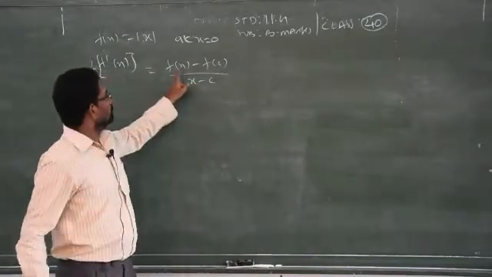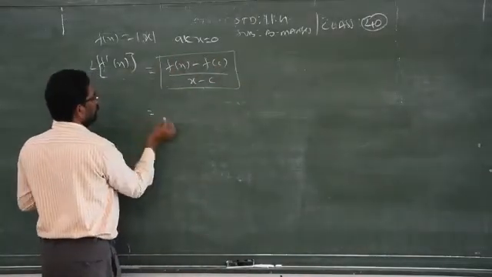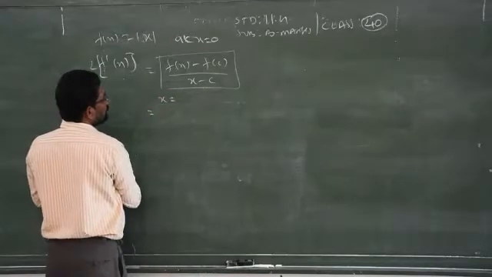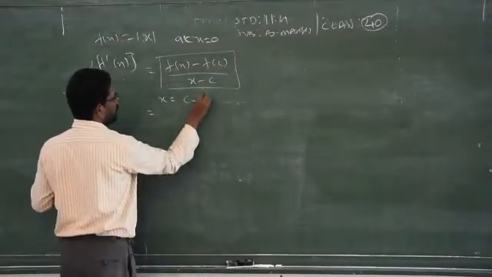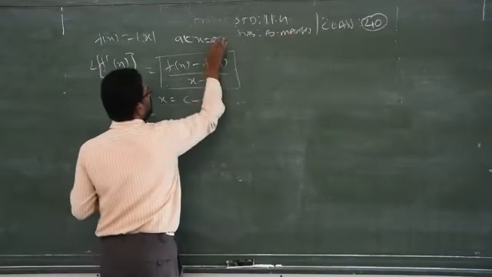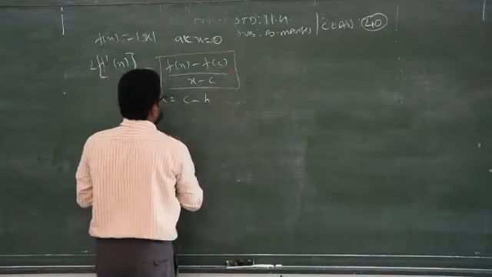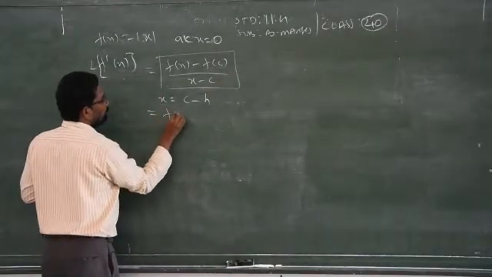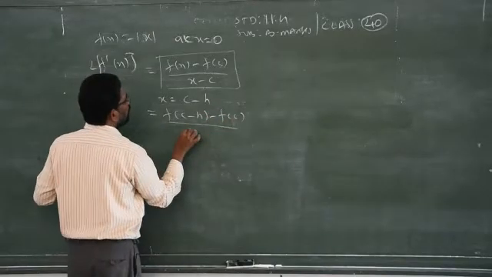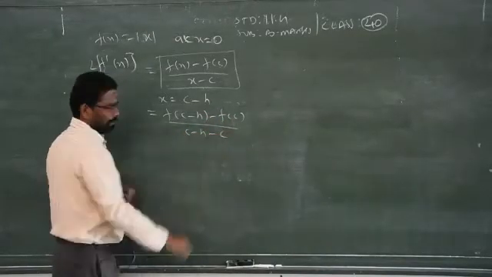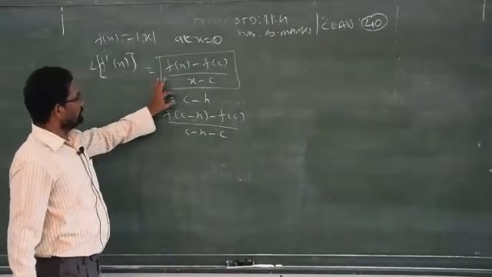R. But this is the general formula. Clear? So next you are supposed to replace x by what? The given point. C is the given point. C minus h. Clear? This is x is equal to 0. So this C is the given point. So it will become f of c minus h minus f of c by c minus h minus c. So this is the formula after replacing x by c minus h.